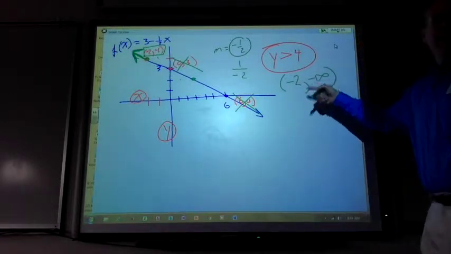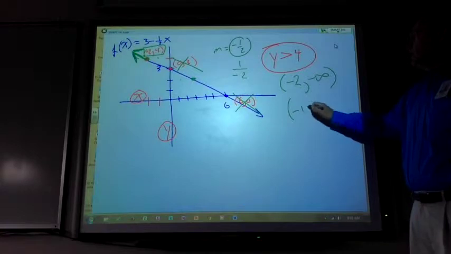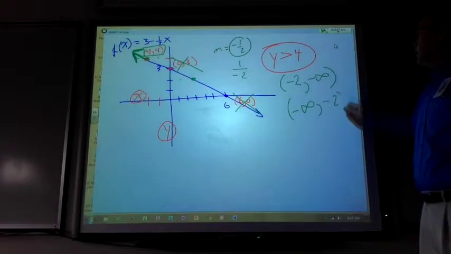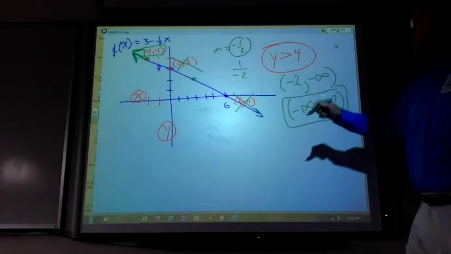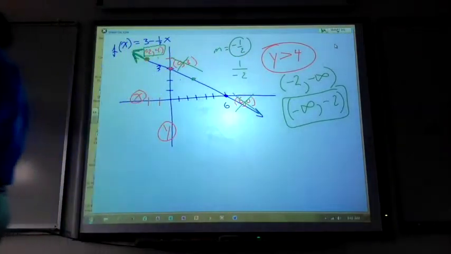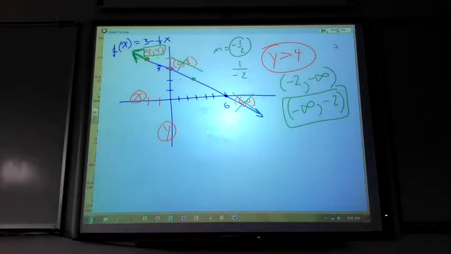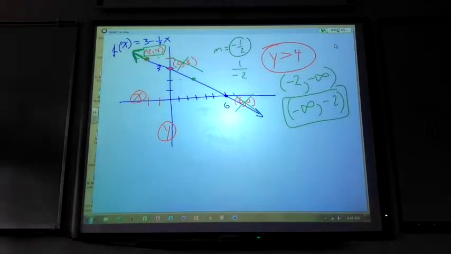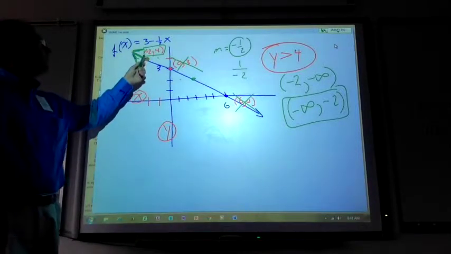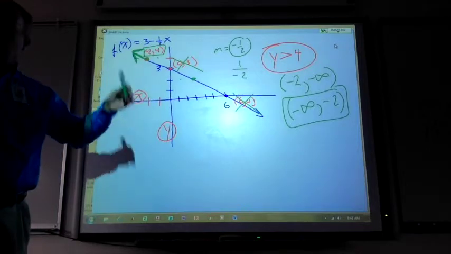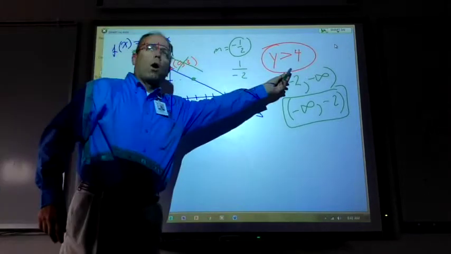Now that's kind of nasty how they've written that, so you have to realize you should flip-flop it to give this as your answer. From negative infinity, way over here in the x direction, that graph is way up there. It's way bigger than 4. As I come closer and closer to negative 2, I still am above 4.